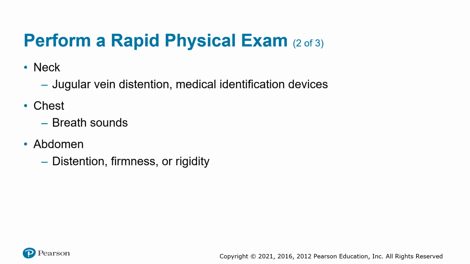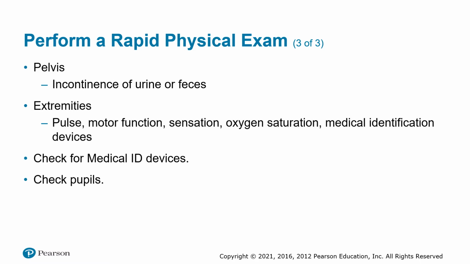or see anything. So you're going to check the neck for JVD, any kind of medical identification devices, breath sounds, abdomen. You're going to check for distension, firmness, or rigidity. In the pelvis, you're going to look for incontinence of urine or feces.